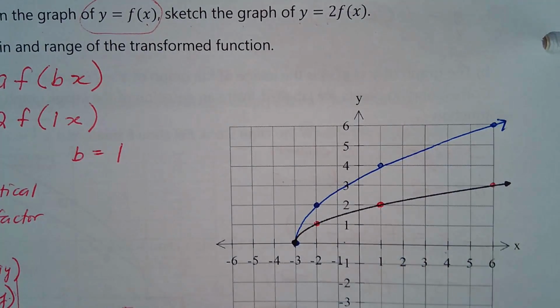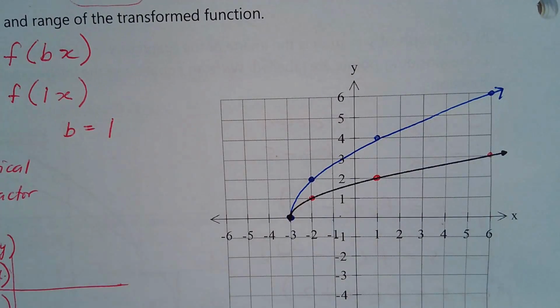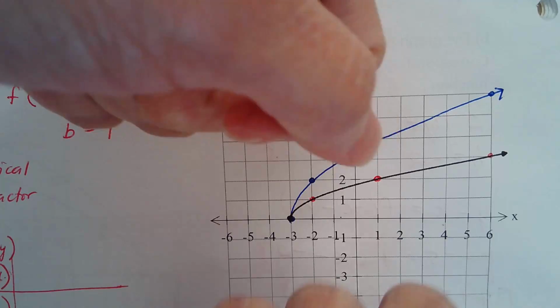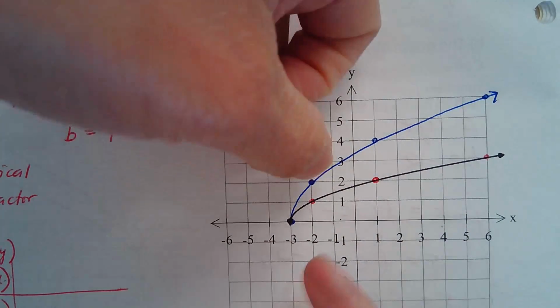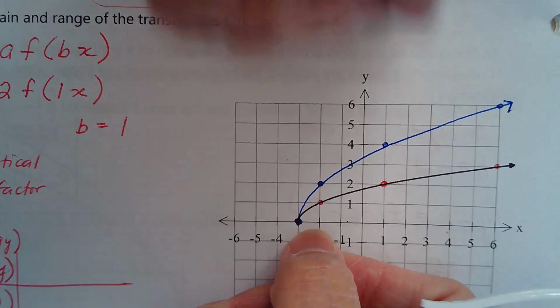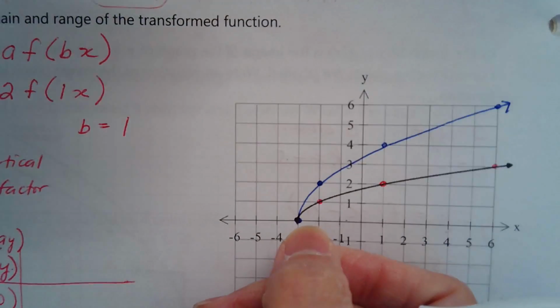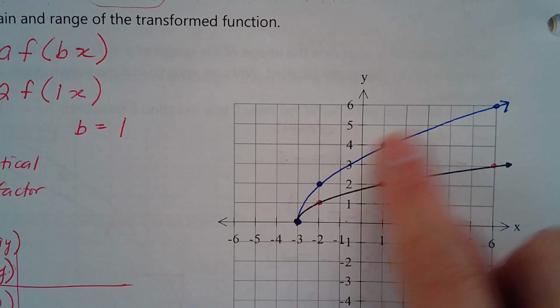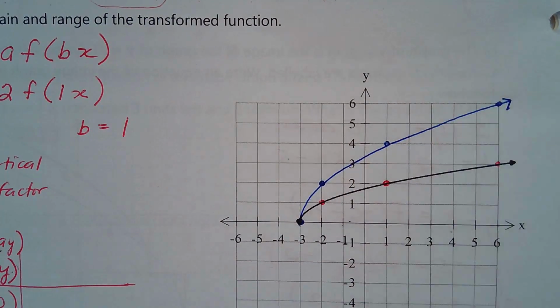That's our curve. As you can see, think of a rubber band. I'm holding on to this on the x-axis, and I'm stretching it by a factor of 2. Do you see that? Is that good? So this is the transformed graph.